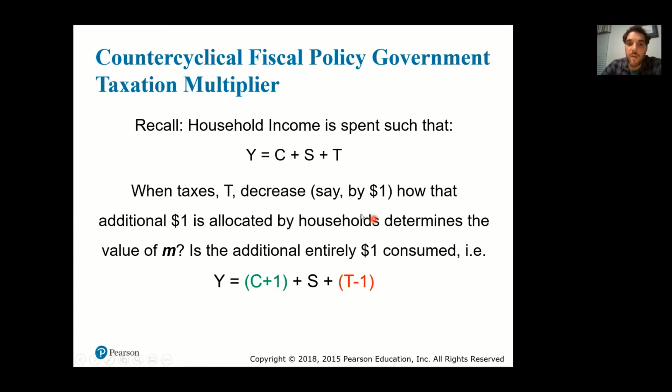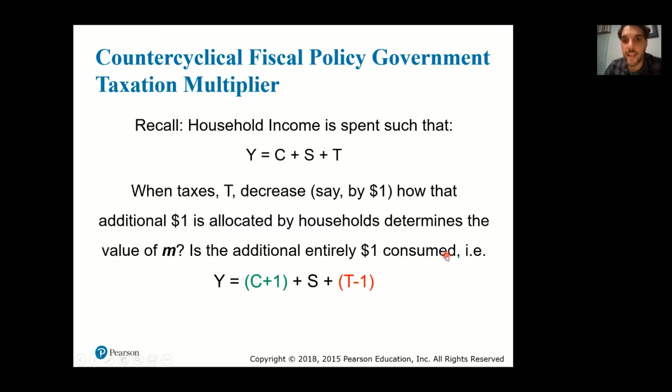When taxes drop by $1, how is that additional dollar allocated by households? Does it go towards savings? Does it go to an increase in consumption? If it goes to consumption, is that spent domestically or is it spent on imports? So how that additional dollar is spent is going to determine the magnitude of the tax multiplier.